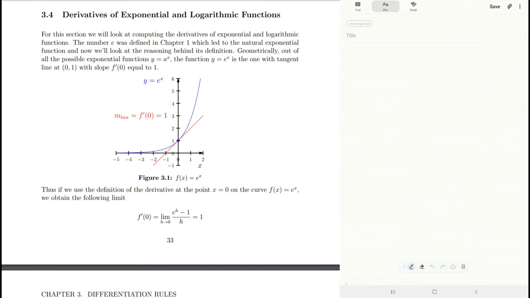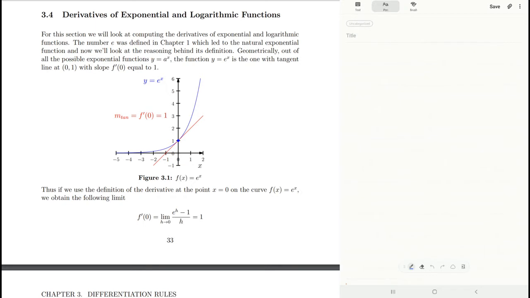If we were to look at every possible exponential function of the form y equals a to the x, then the function where y is equal to e to the power of x is the only one where the tangent line at the y-intercept has a slope of 1.